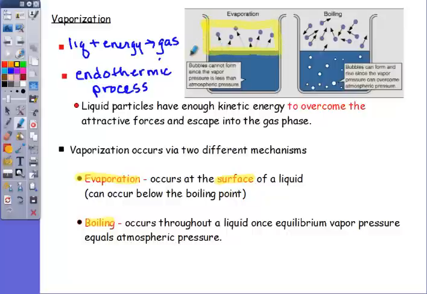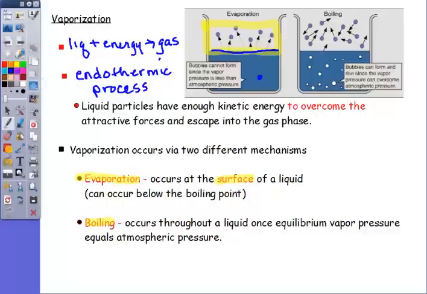Why is that? Reason is those particles at the surface of a liquid don't have as many intermolecular forces holding them in. If I look at a particle way down inside this liquid, there's intermolecular forces all over the place, making and breaking all of the time. Those particles at my surface don't have those intermolecular forces surrounding them 360 degrees.